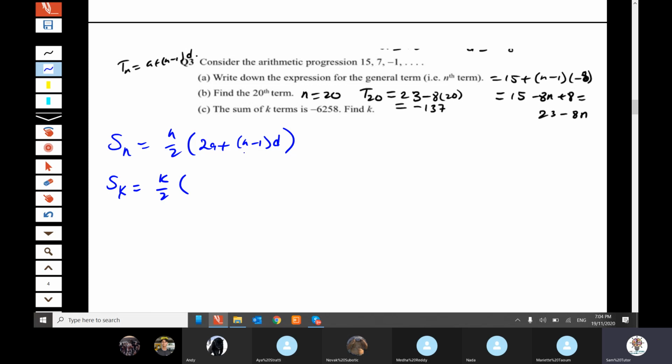What does a equal? 15. So that's 30 plus (k minus 1) times d, which is negative 8. Expand, and the sum needs to become negative 6258. So what does this sum equal? Negative 6258.